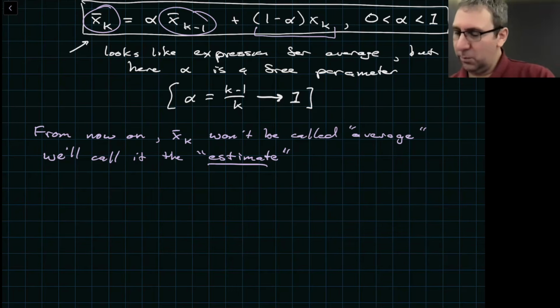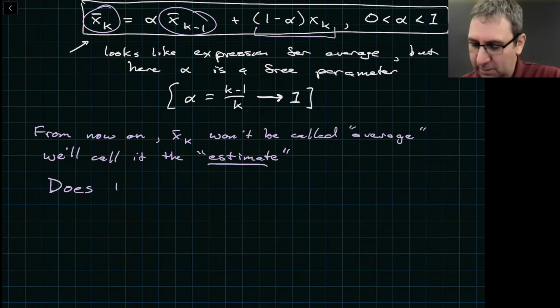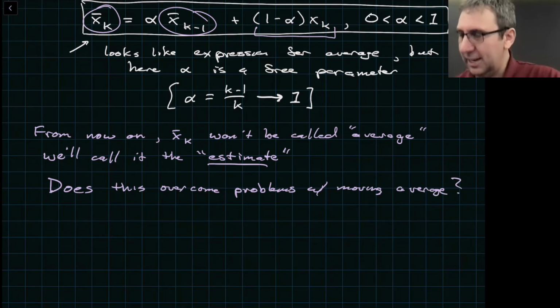Now, does this really overcome the problems with the moving average? That's why I even put this in here. The main problem was that it was weighting all of the data points in the window equally. We don't want that. So let's see if this does solve that problem.